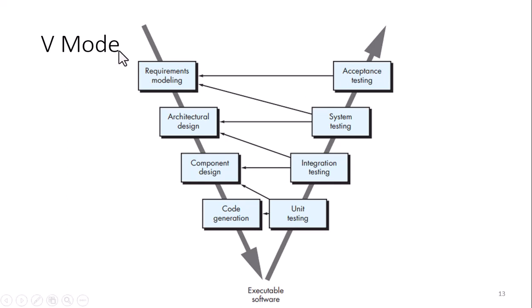So due to the planning of different tests, or designing different test cases, in parallel with different phases of the software development life cycle, we call it the V model.